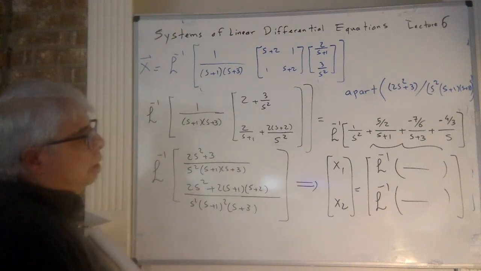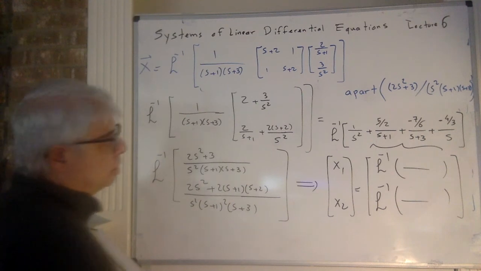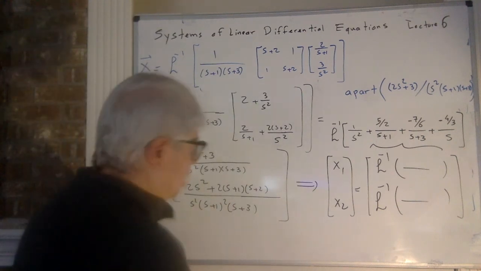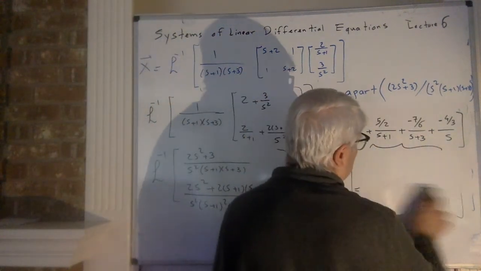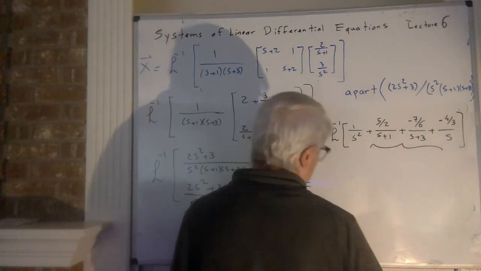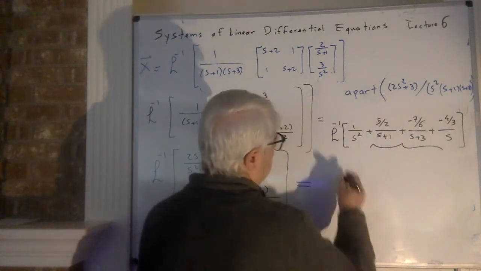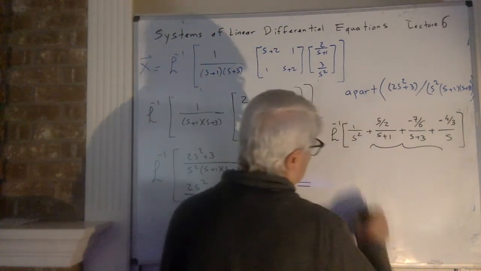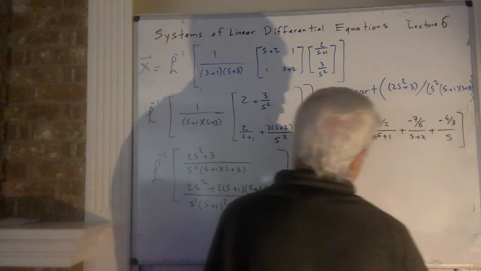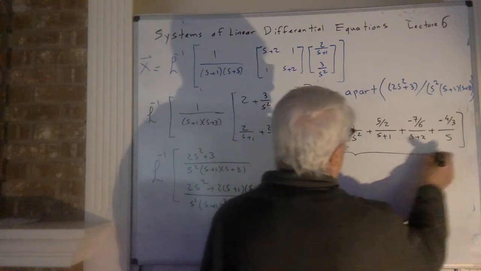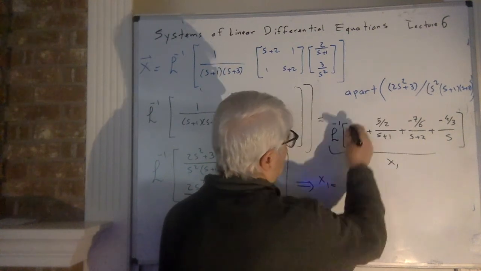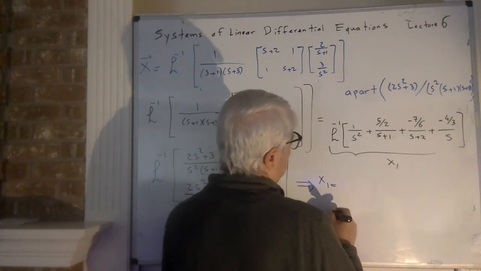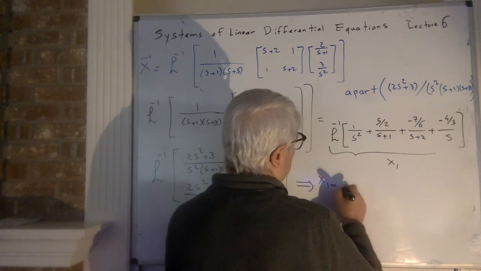So Apart gave me this, and so x1 will be, let me just write x1. This guy here is x1. So x1 will be 1 over s squared, that is t, right?